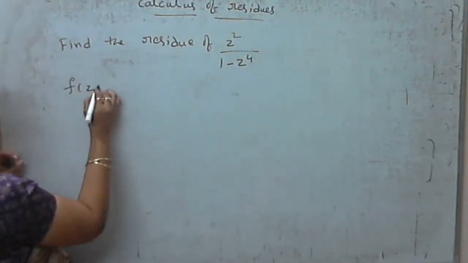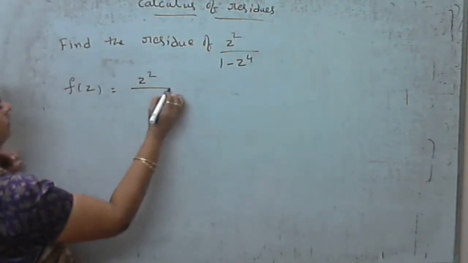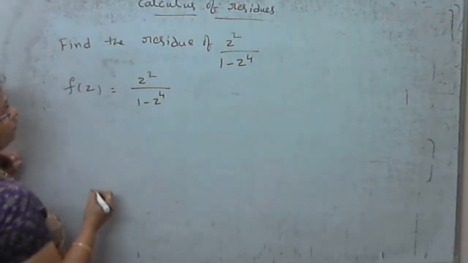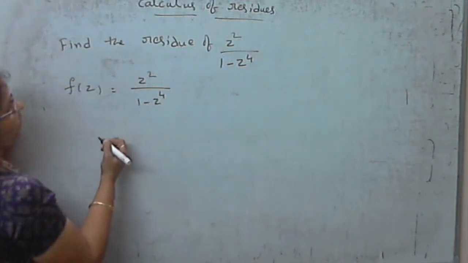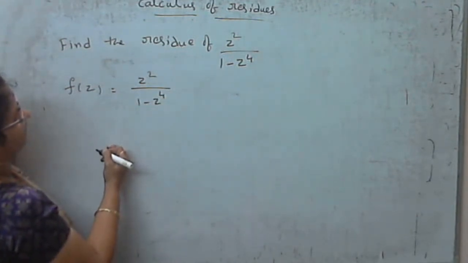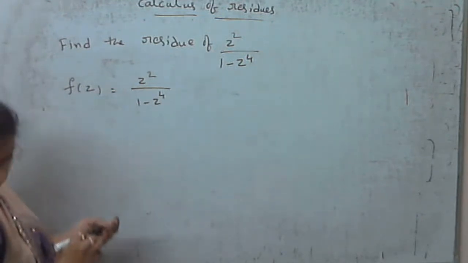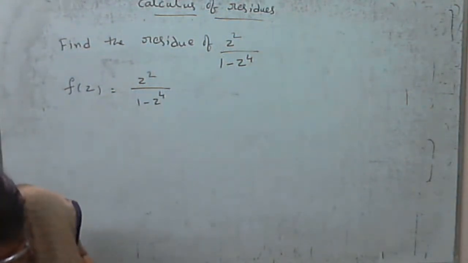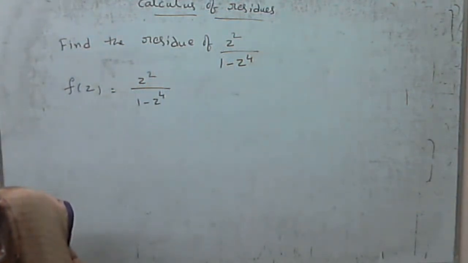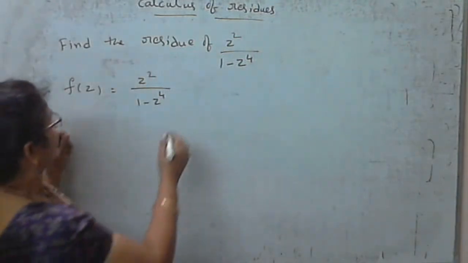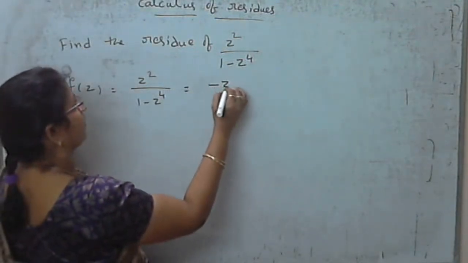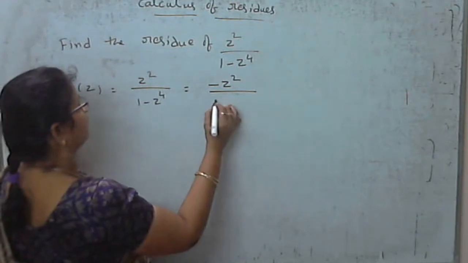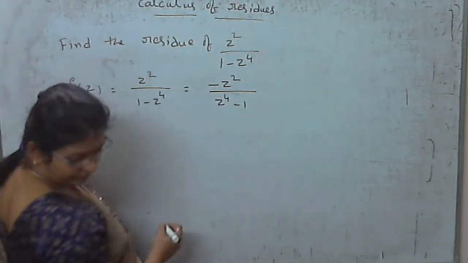So f of z equal to z square by 1 minus z power 4. That can be written as minus z square by z power 4 minus 1.